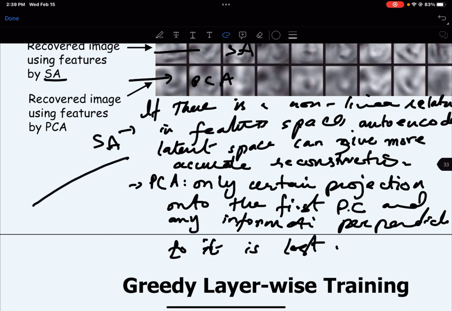So if we have nonlinear relationships among your feature space, stacked autoencoders are your way forward, whereas in comparison to principal component analysis, they may not be that efficient.